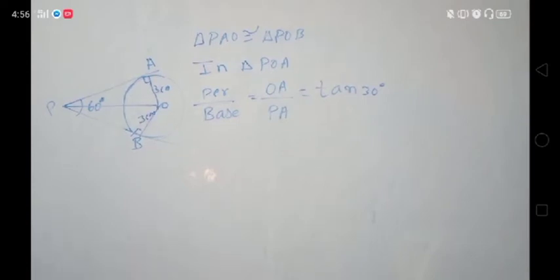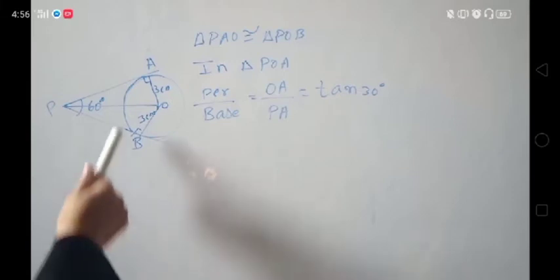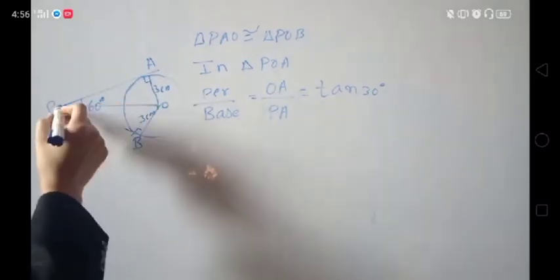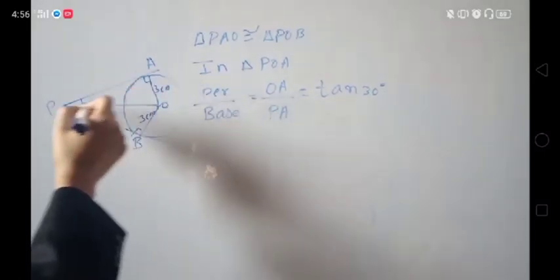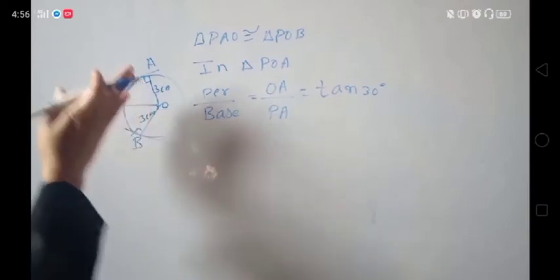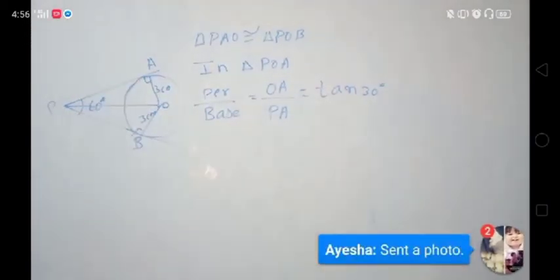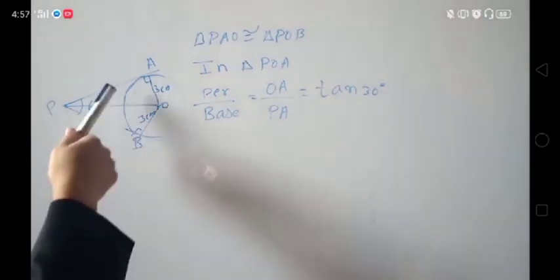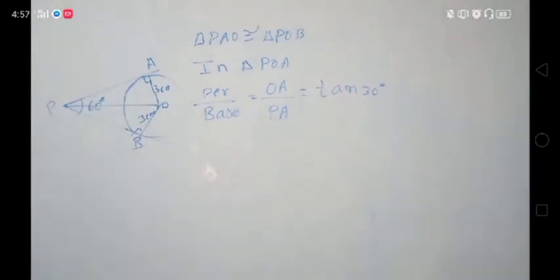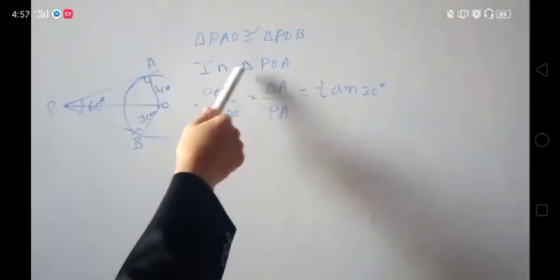According to the theorem, triangles PAO and POB are congruent. Because we are drawing tangents from the same external point, the upper half and lower half tangents are congruent to each other. So triangle PAO is congruent to triangle POB.